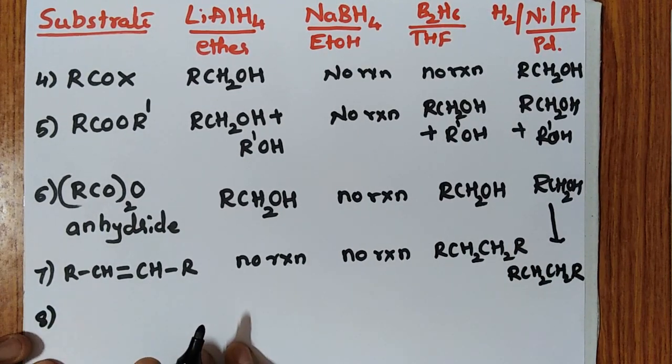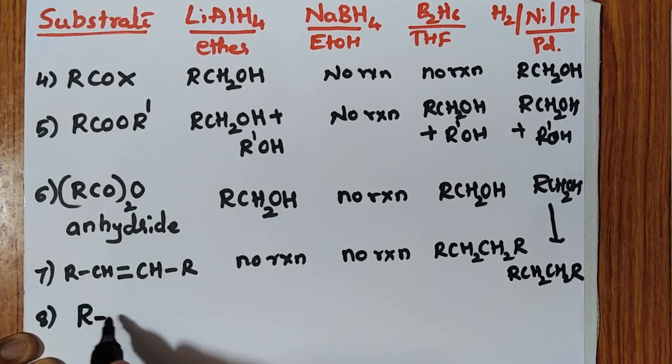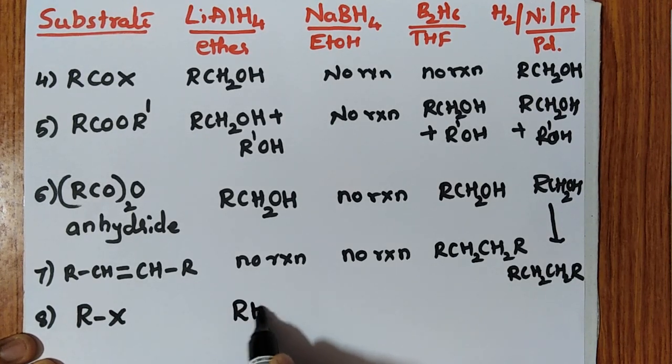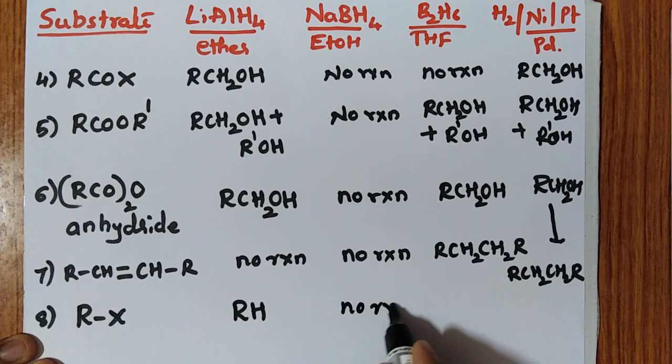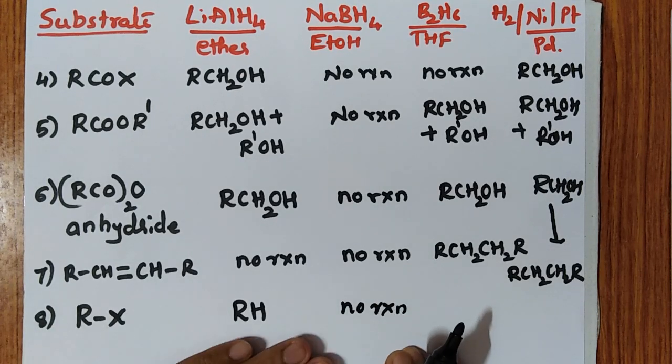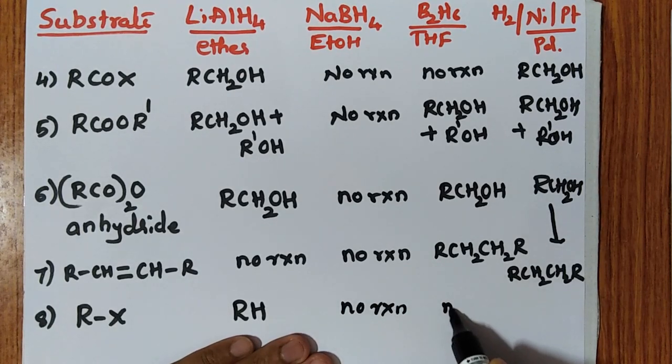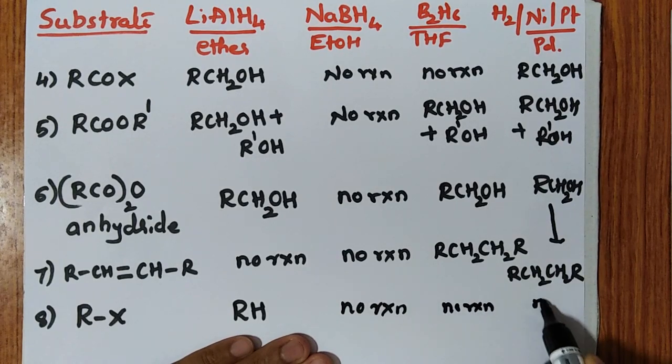In this particular case, I will consider alkyl halide. So alkyl halide I have written, and here you are going to get RH. It is not RH chemistry, remember. This is alkane, so RH means alkane. Here no reaction takes place once again. There is no reaction with sodium borohydride, and there is no reaction here also, and no reaction here also, remember.